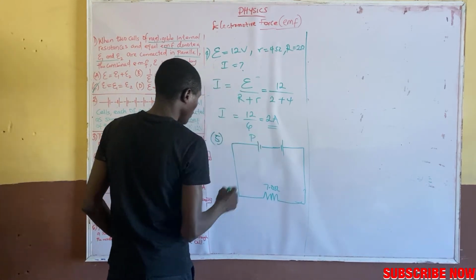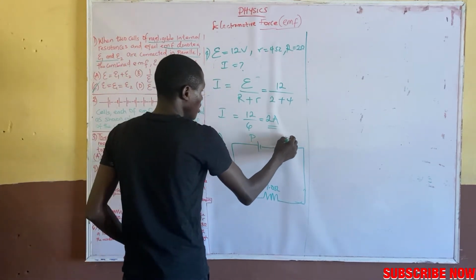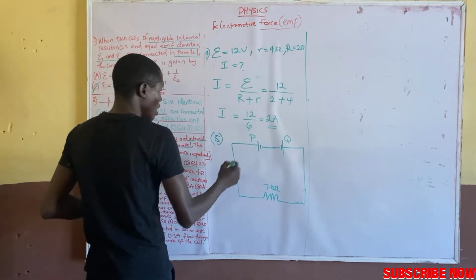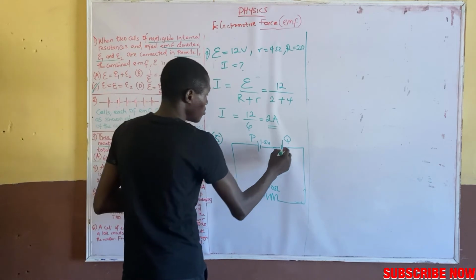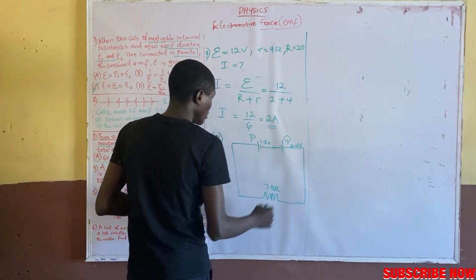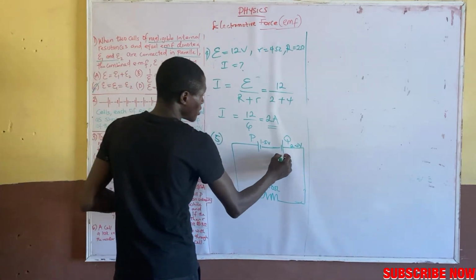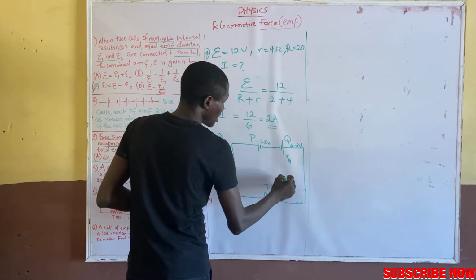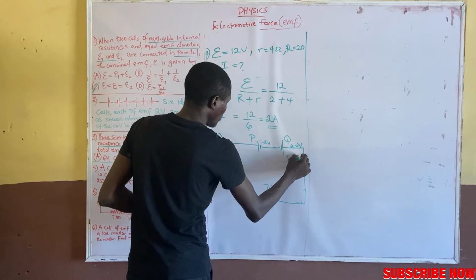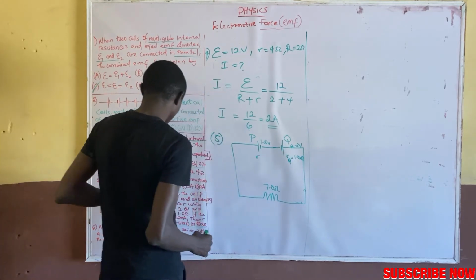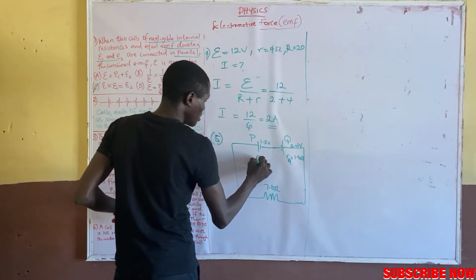We have EMF P and EMF Q. EMF P has 1.5 volts and EMF Q has 2.0 volts. Cell Q has internal resistance RQ equal to 1.0, but the internal resistance RP is not given.